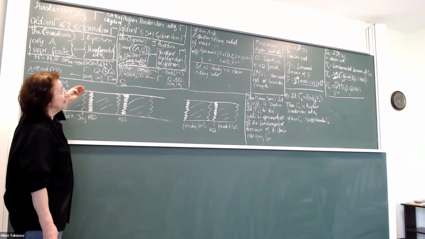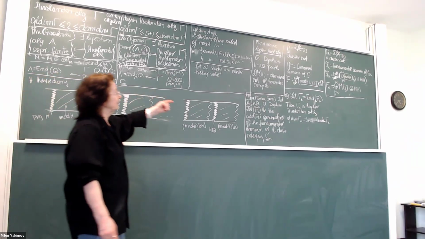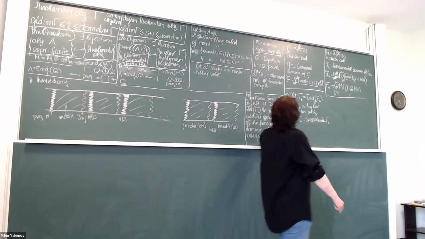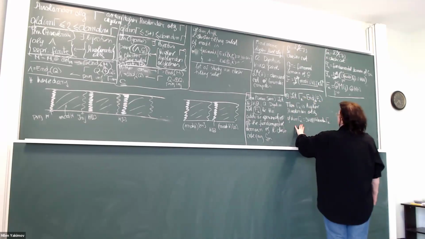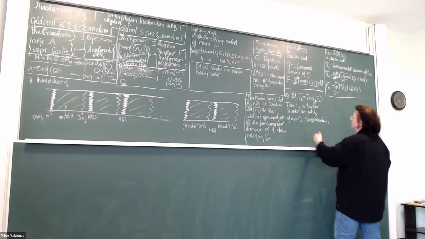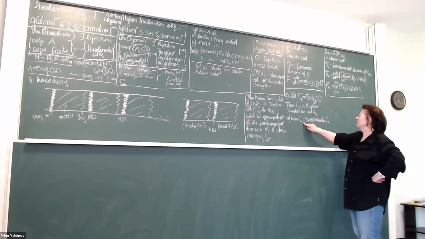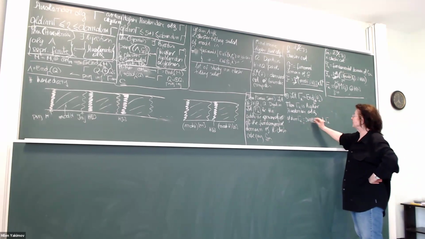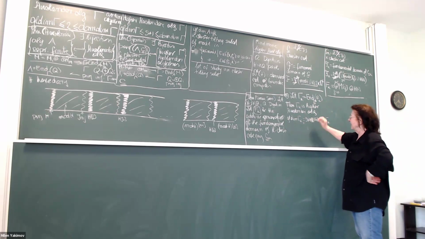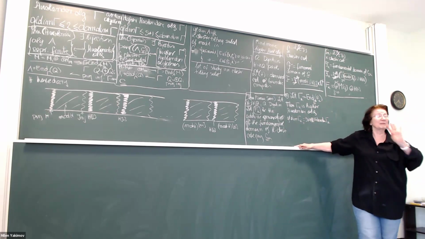Then this should be the global dimension of gamma. I thought I fixed these pluses and minuses. Let me just leave it like that because of this plus minus.